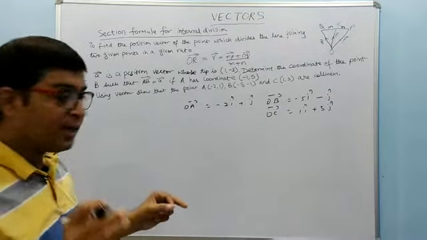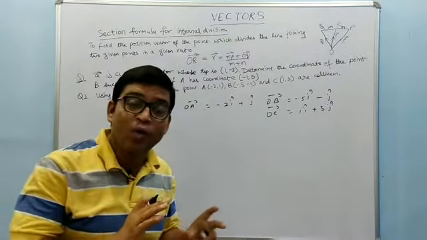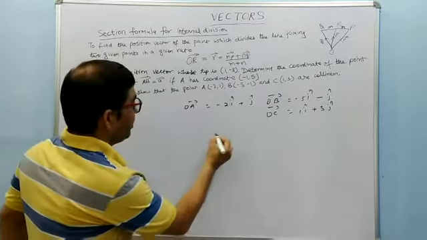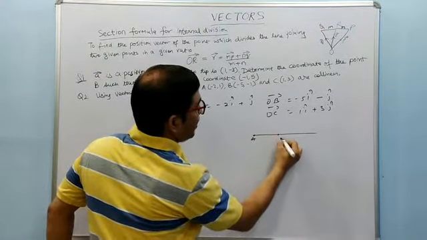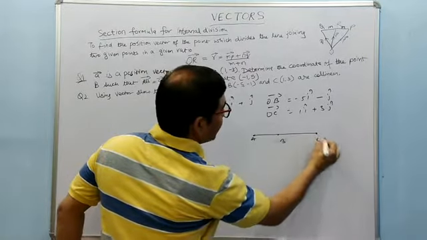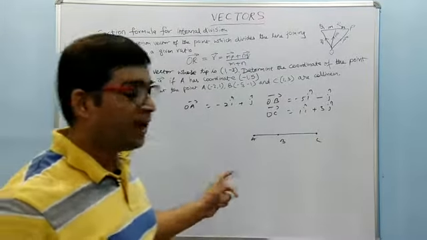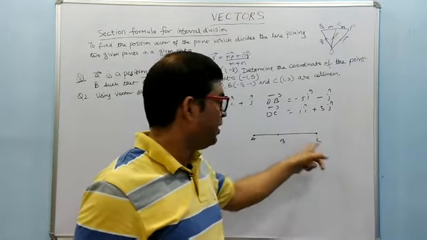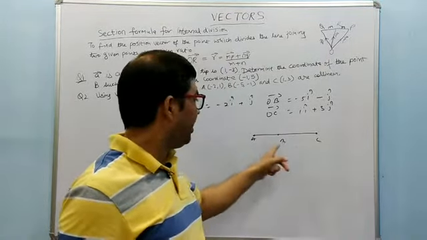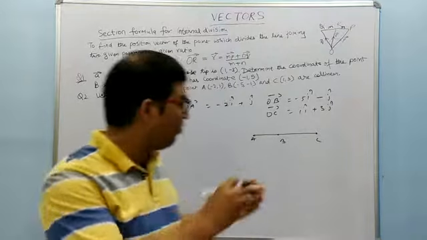We have to prove that these points are collinear, in the same line. Just draw the figure. If A, B, C are like this, then only we can say that they are collinear. That means the sum of the two lengths AB plus BC is AC, or it can be AB plus AC is BC, that we will see.